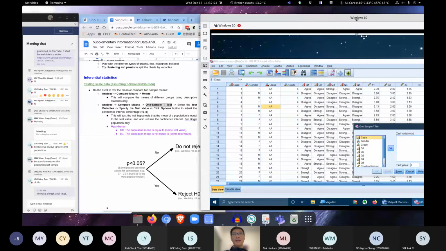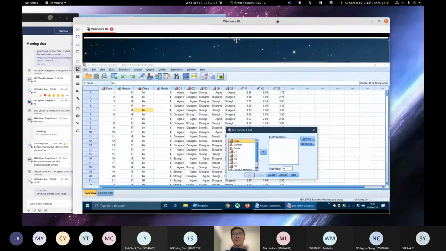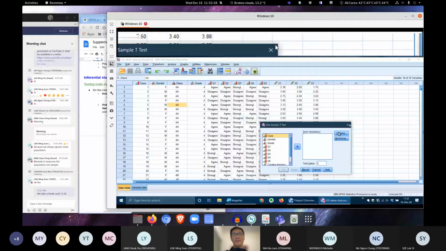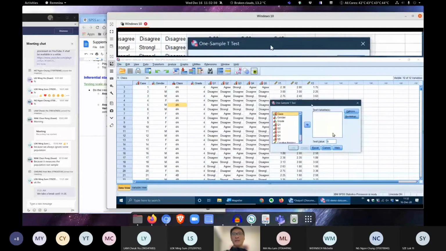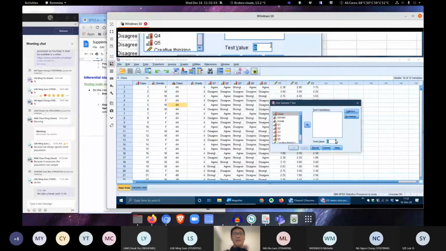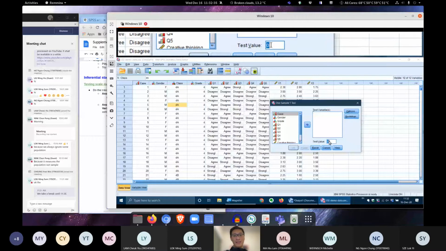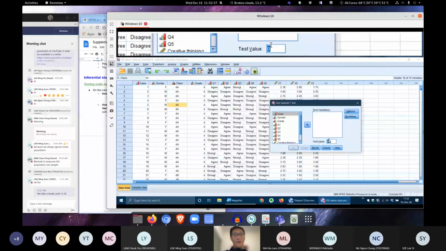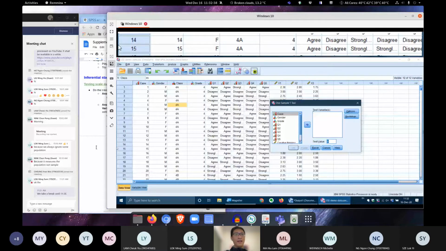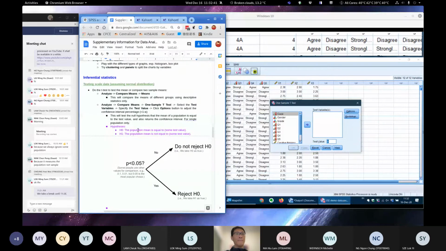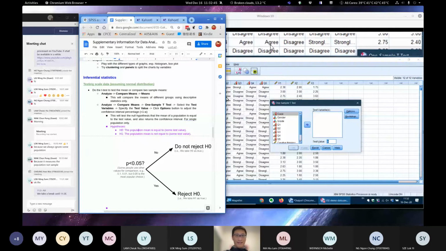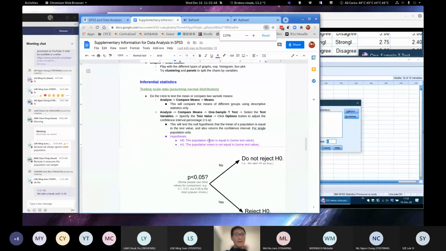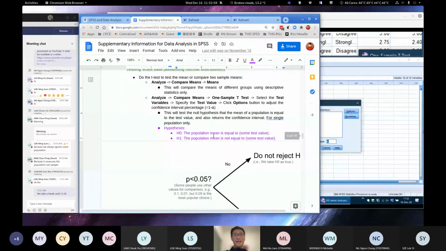So for the one sample t-test here, as I told you, you need to set some kind of a test value. Now, to do the one sample t-test, first of all, you write down your hypothesis. Now, according to my example here, okay, let me make it bigger. Or otherwise it might be difficult to read.